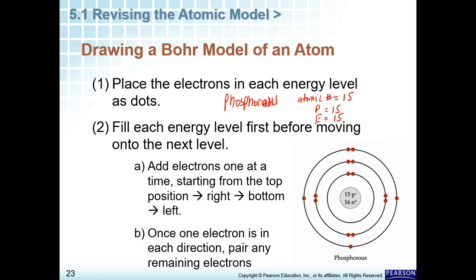Typically, what you do is you add 1 electron at a time, starting at the top, then you put one towards the right, the bottom, and then to the left, and then you can pair up. So on the outside, you'll see 1 dot on each side, and then my remaining 5th dot went and paired up with an electron.